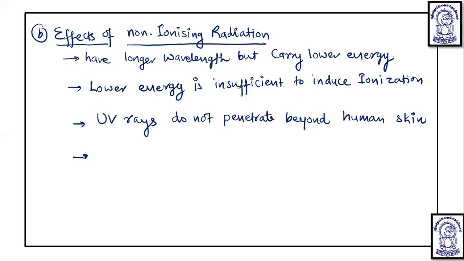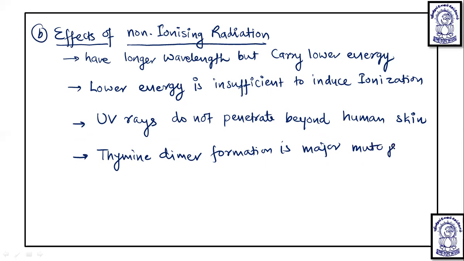And it is known that thymine dimer formation, thymine is a pyrimidine, is one of the major mutagenic effects of UV rays.